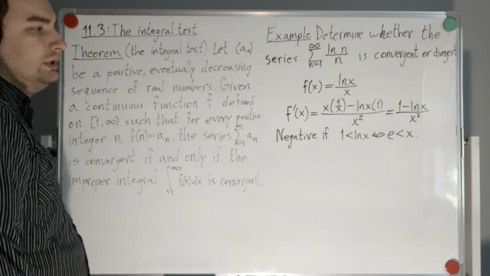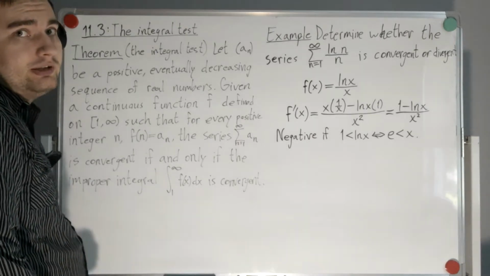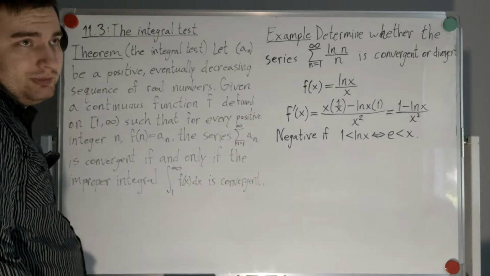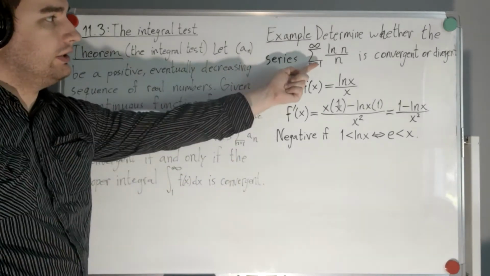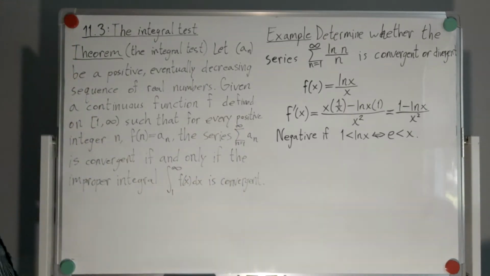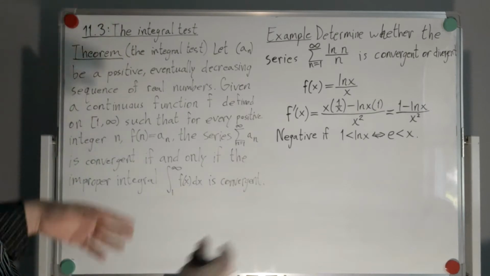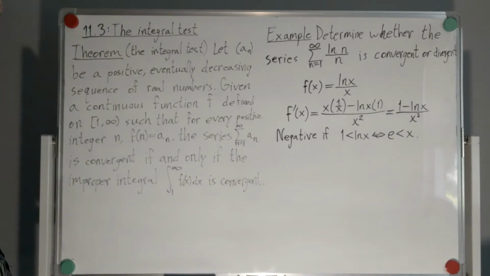Okay? So this tells us that as long as x is larger than e, this function is decreasing. Which means that this sequence here is eventually decreasing. Great. And it's positive and it's continuous from 1 to infinity, and so we can apply the integral test.